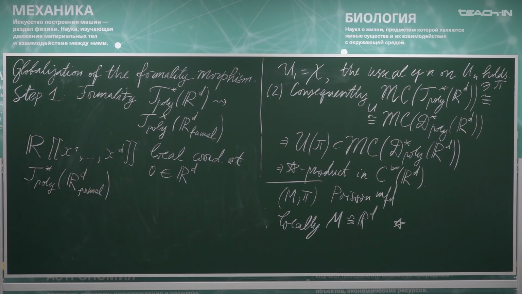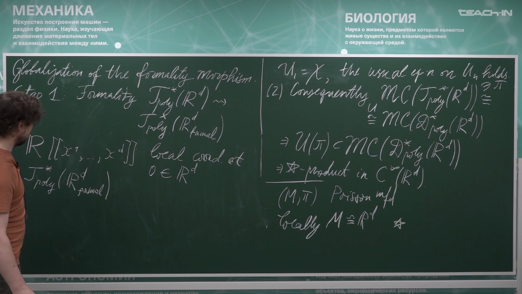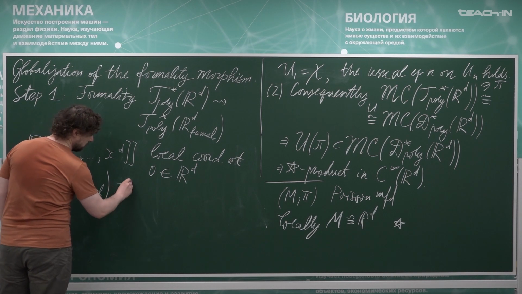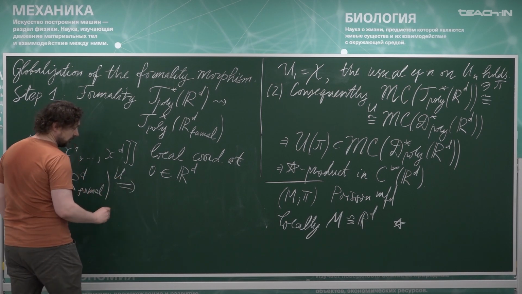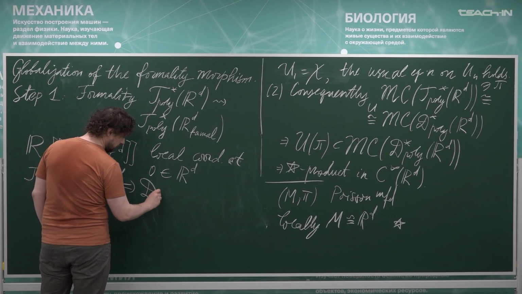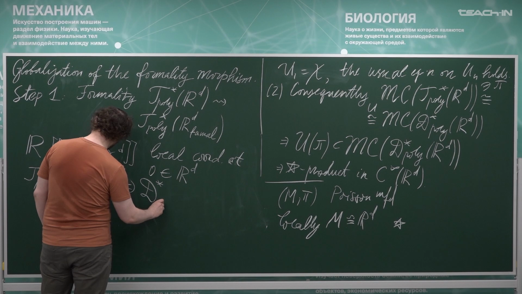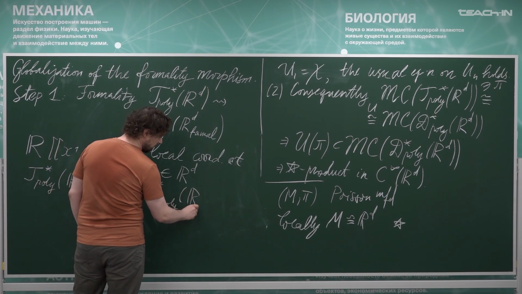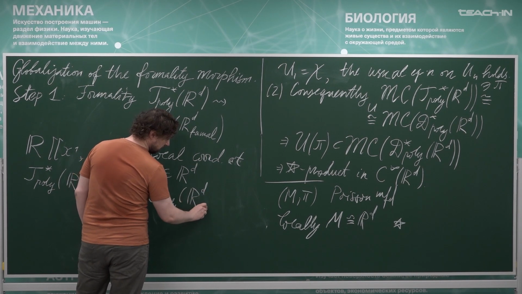And of course, all the constructions we applied to usual polyvector fields can be applied in a word-for-word manner to this situation, and this gives us the formality morphism U from polyvector fields to polydifferential operators on the same Rd formal.